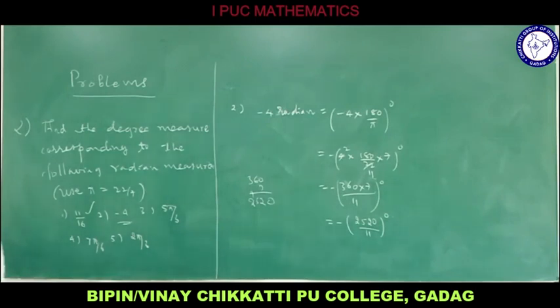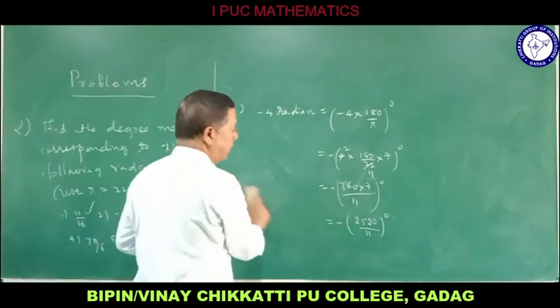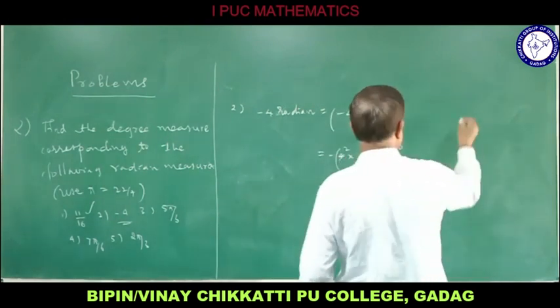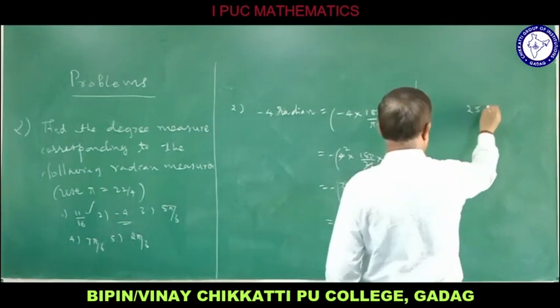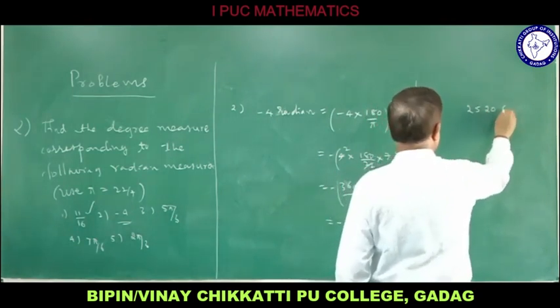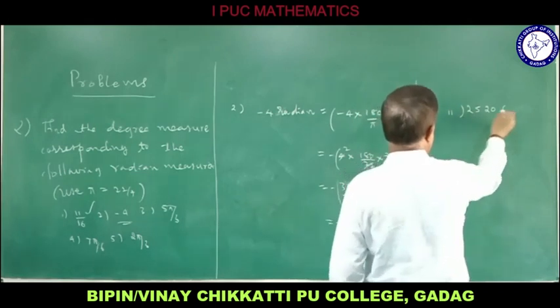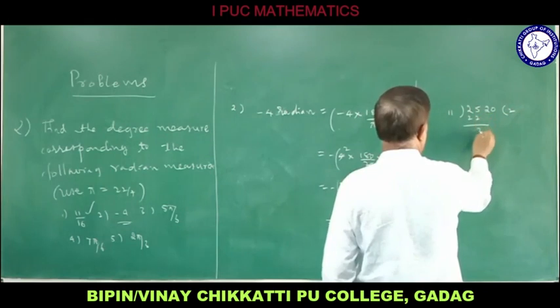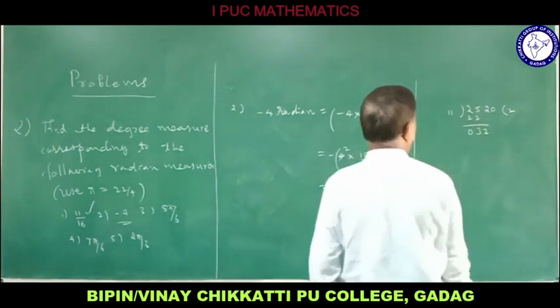Very simple, the method I told in the previous problem, like that only you have to do this. So now I am explaining. Look at this: 25, next 20 divided by 11. First 11 2s are 22, and next you have to take 2.